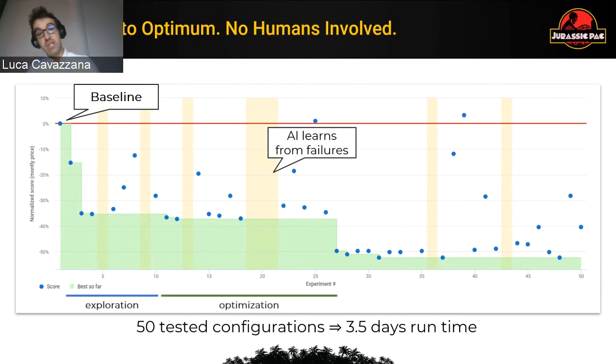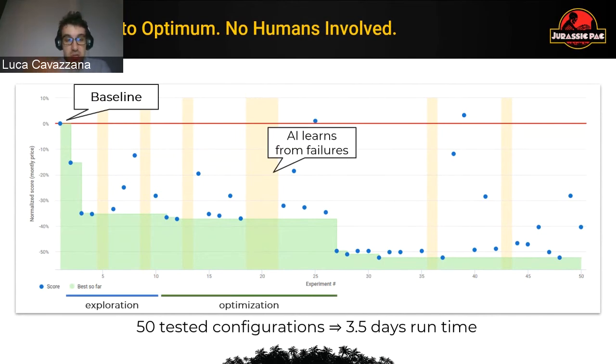And then we switch to the actual optimization phase, where once the engine has enough data, it starts trying to guess what are the promising configurations, then tests them and gets back the feedback of how they behaved, and then updates its internal model of the application in order to iteratively try new configurations based on the previous data.